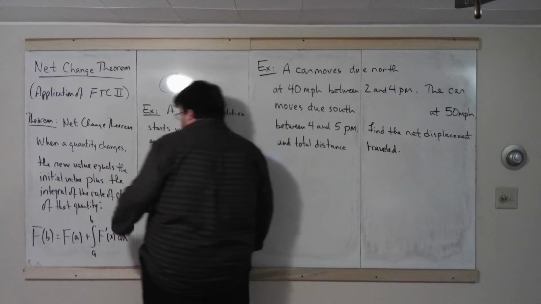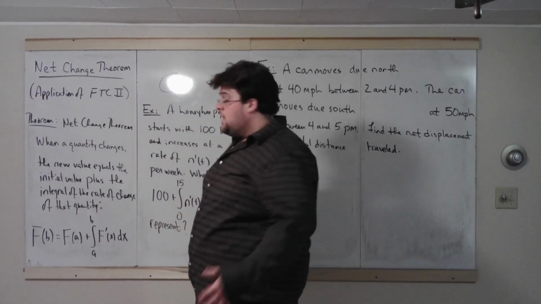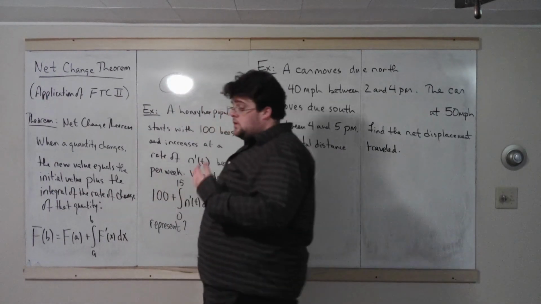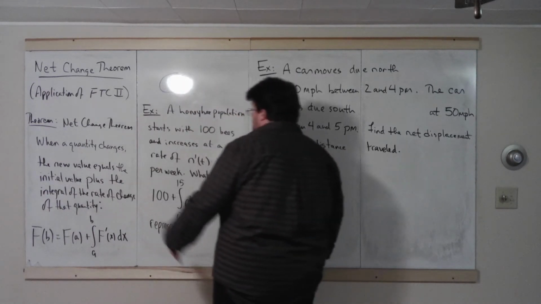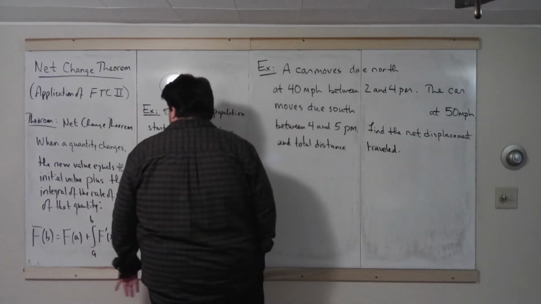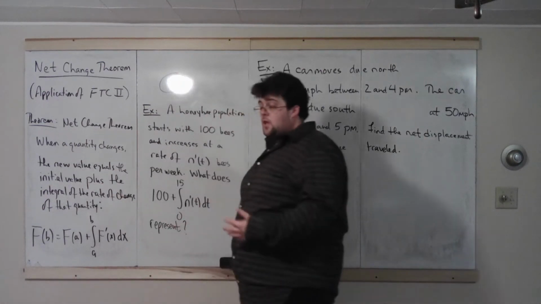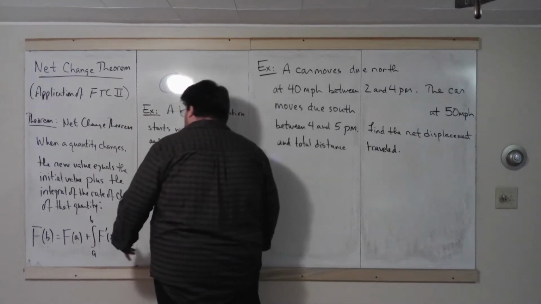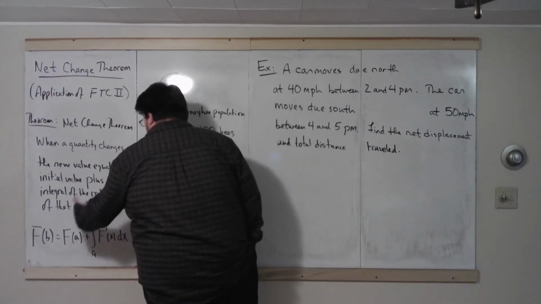So, the integral of the rate of change for a given time interval tells you how the quantity is growing or diminishing during a certain time period. So the new value equals the initial value plus whatever is changing, and the integral measures that change.